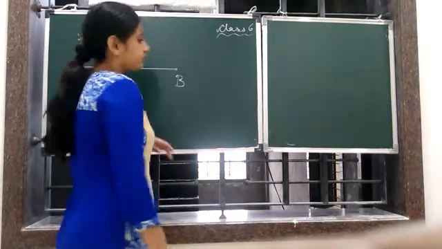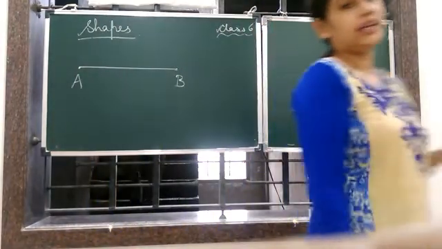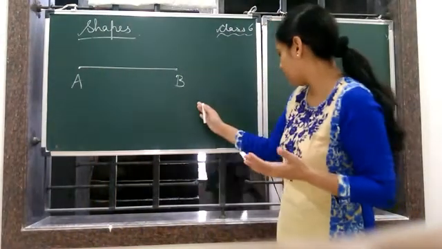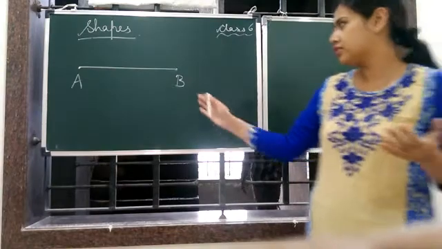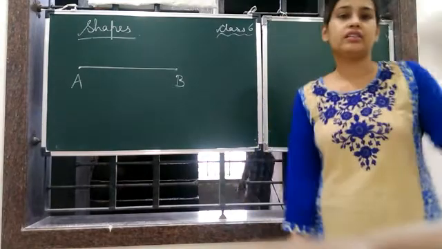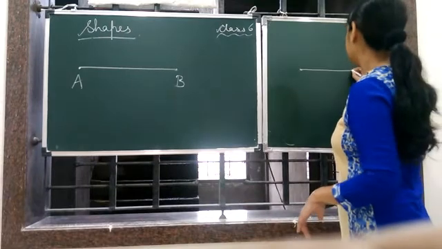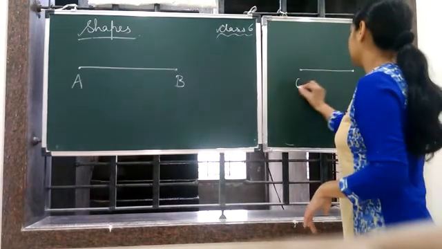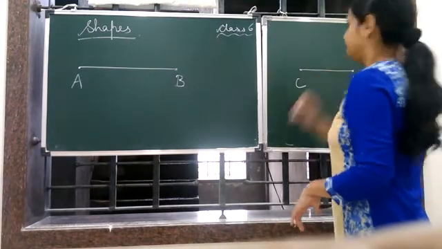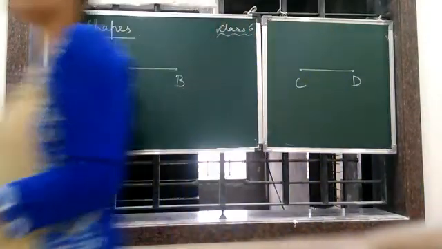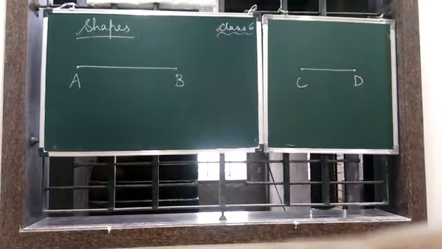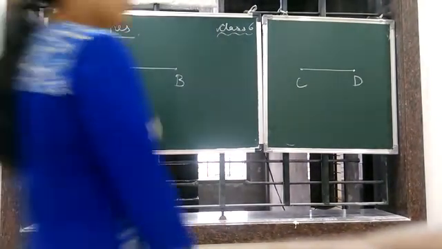Now, how can you compare a line segment? Meaning this line segment is bigger in size or this is smaller in size, or this line segment is greater. Like for example, if I make a line segment here, how can you find out which line segment has more measurement?